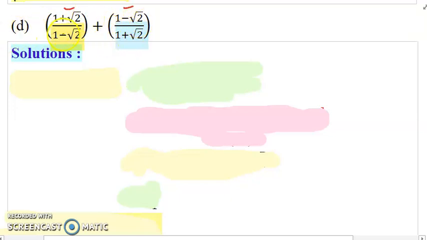For example, for the first fraction term here, I'm going to multiply top and bottom with 1 plus square root of 2 over 1 plus square root of 2.